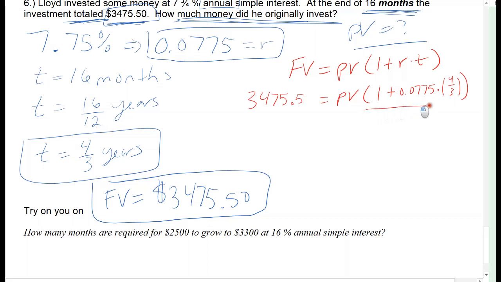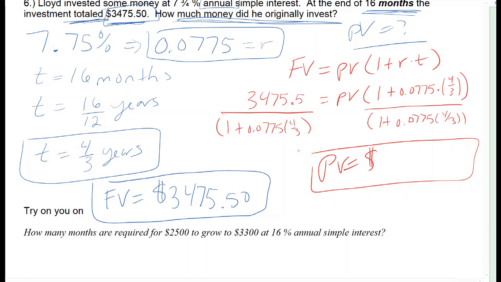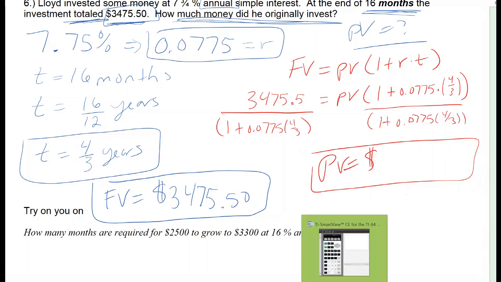You can just divide that thing as it is and type it in your calculator like this. I'm going to go to my calculator to show you how much my present value was, so I get it exactly. There's no rounding, so there's no error, so when I type it in, I get it right. Because the computer's going to look for the fact that you didn't round. That's part of the problem.